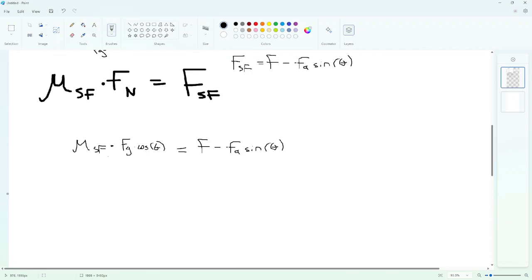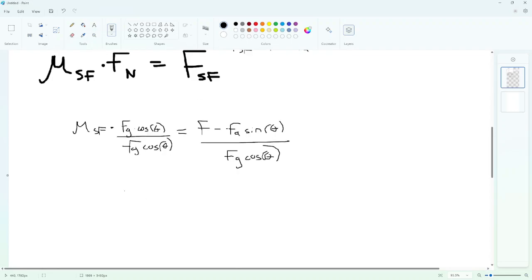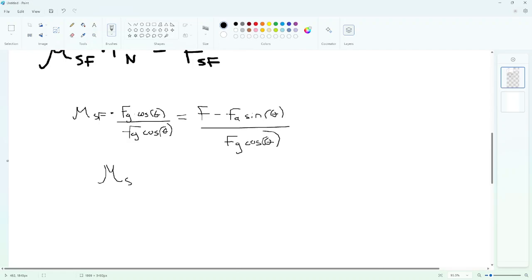Now we just divide both sides by Fg cosine of theta, and we achieve our final answer. Our final answer will be equal to F minus Fg times sine of theta, all divided by Fg cosine of theta.